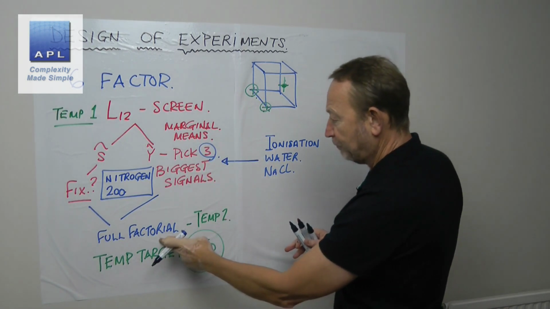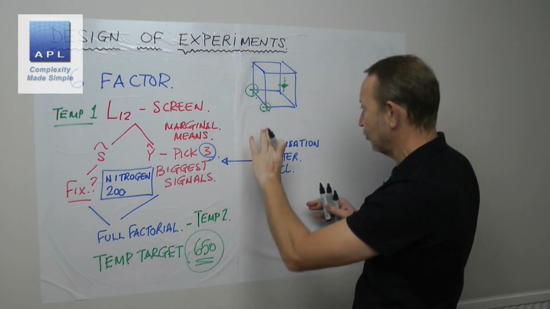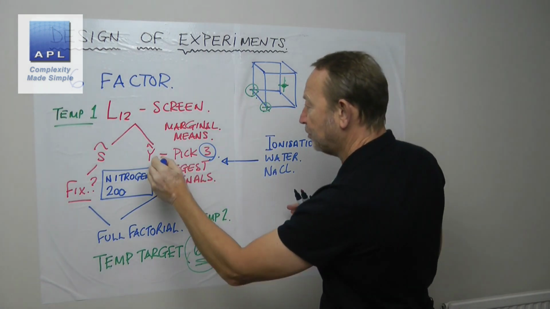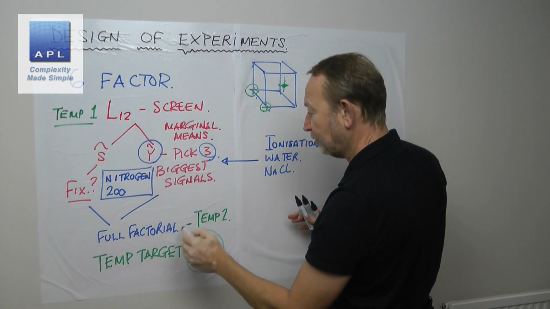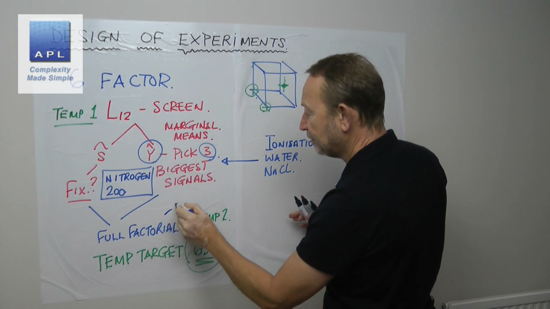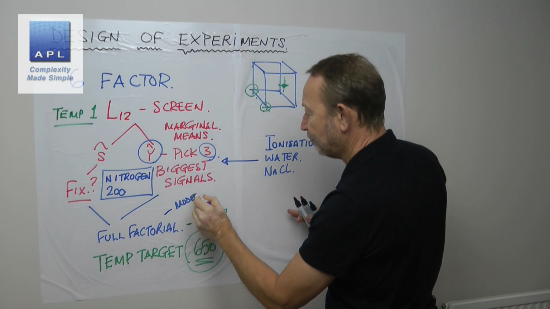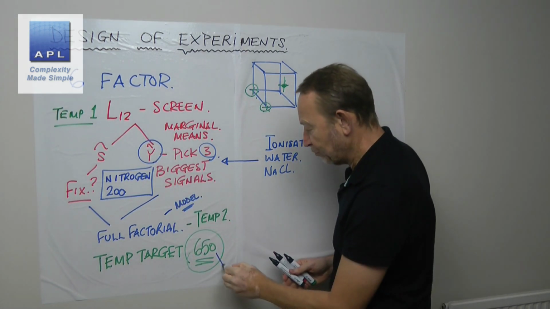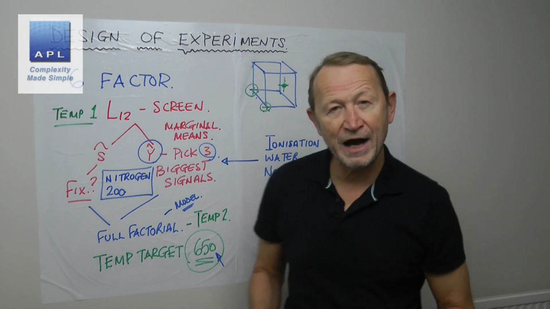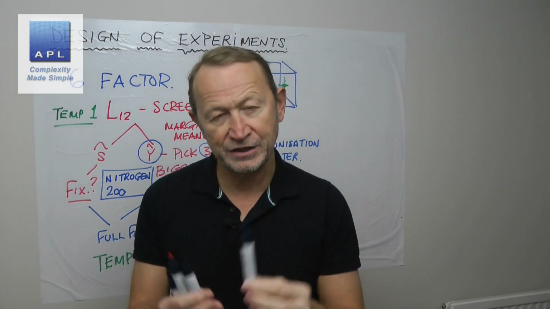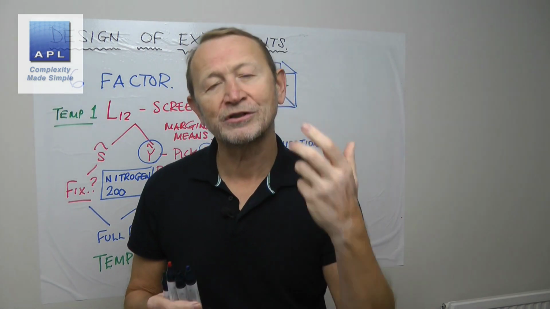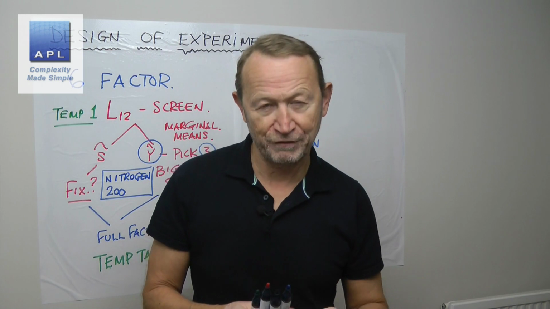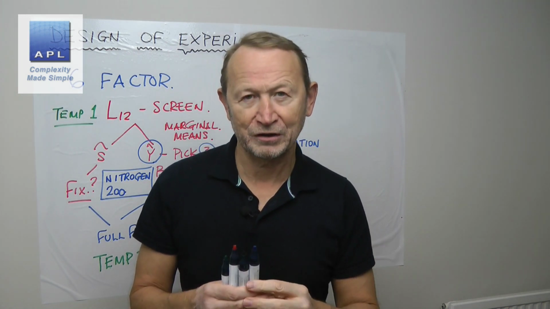And if we go to the full factorial now, temperature 2 will contain these three. What will we do? We will model Y only. This is a modeling DOE, remember. We will model Y only, and then we will ask the optimizer to hit 650, and then of course we'll do the confirmation test. So let's go back, open up the full factorial and do the modeling.